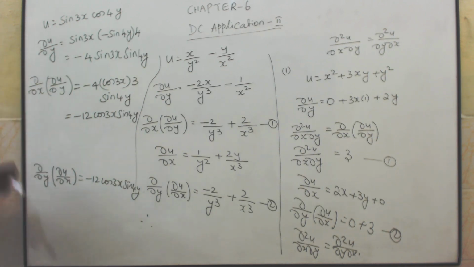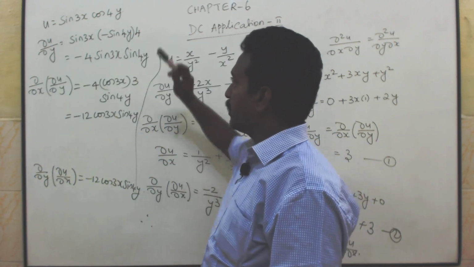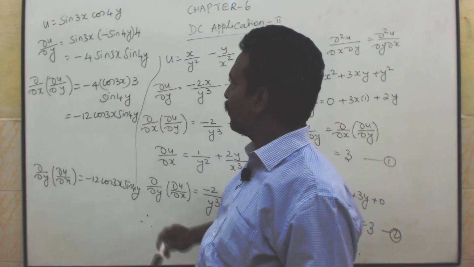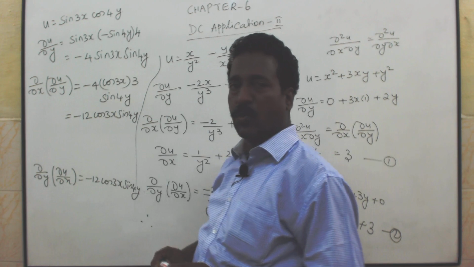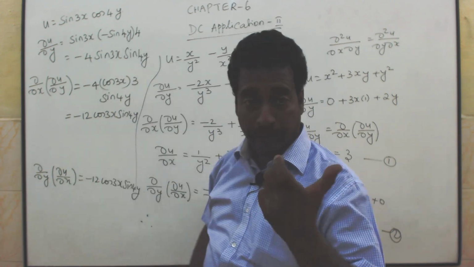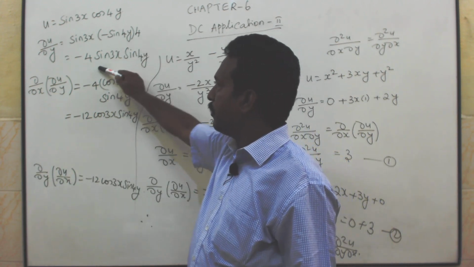So, first dou u by dou y, listen carefully. With respect to y, don't touch x. Only differentiate cos 4y, minus sin 4y. Differentiation of 4y is 4. Multiply, you'll get this result.